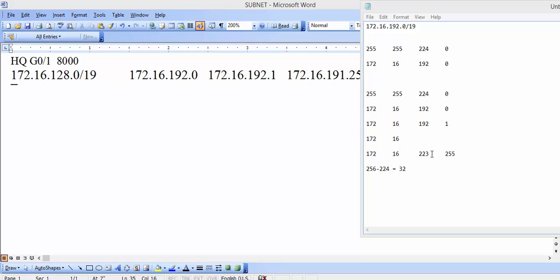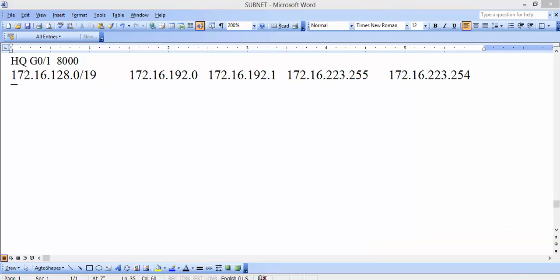From 223 in the third octet, we bring that up, put 223, and the last octet from 255 we subtract 1, which is 254. So our valid host range is 172.16.192.1 to 172.16.223.254.